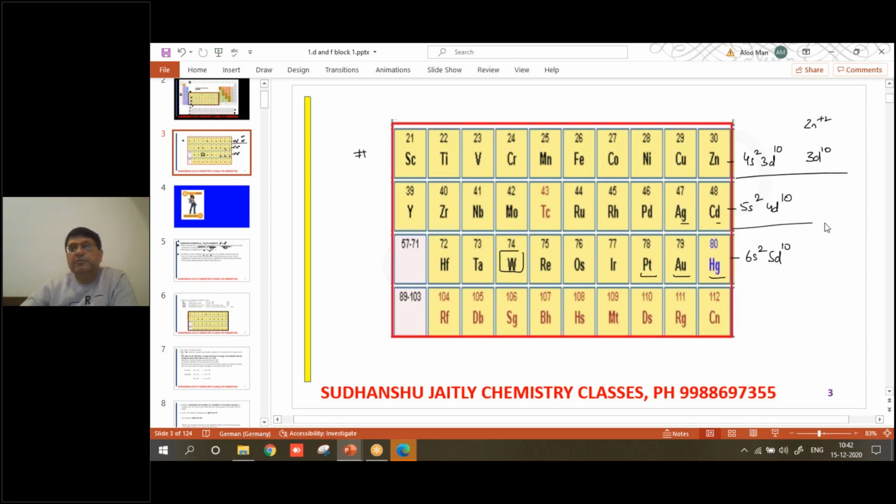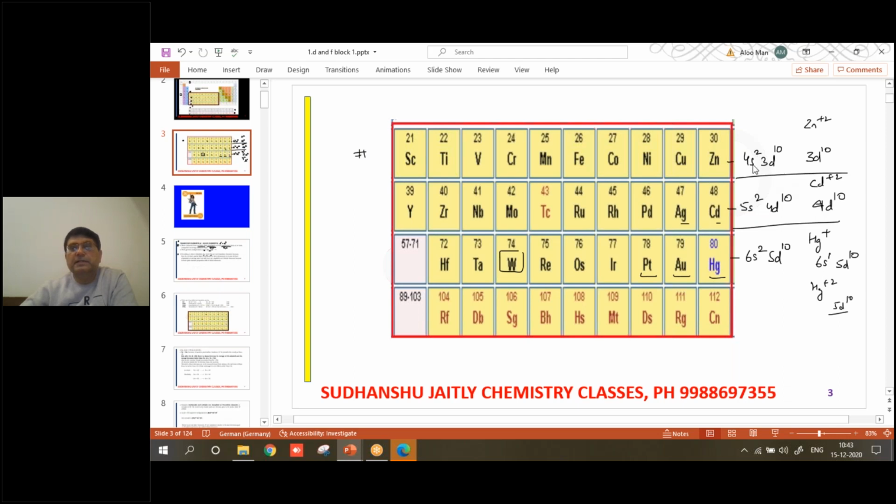Cadmium exists in +2, no other oxidation state has been reported, so it is 4d10. And mercury exists in +1, so it has 6s1 5d10, and mercury also exists in +2, so that is 5d10.